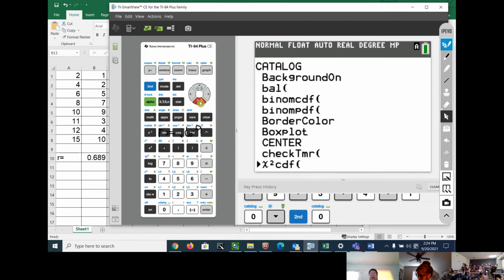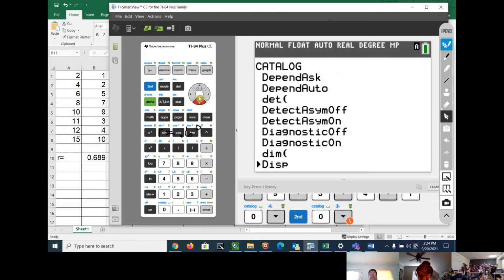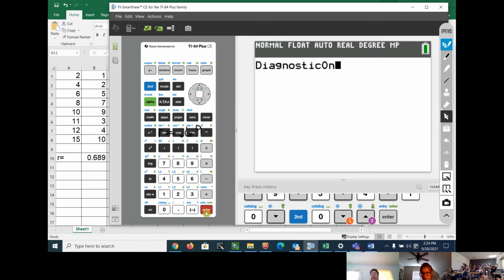You're looking for diagnostic on. Does everybody see that right there? This is a one-time thing that you have to do to your calculator. So after you do it the first time, unless somebody turns it off, you don't have to do it again. Make sure your cursor is beside diagnostic on and hit enter and hit enter. Now I'll show you what that does in just a second.